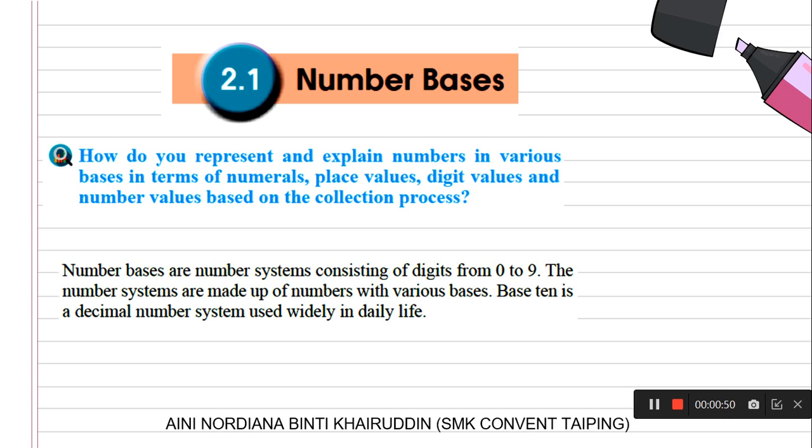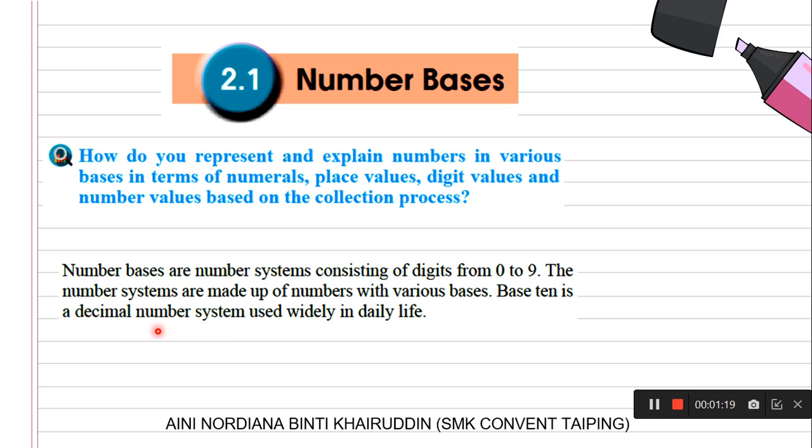So number bases are a number system consisting of digits from 0 to 9. The number system is made up of numbers with various bases. Base 10 is the decimal number system used widely in daily life. So please don't get confused by this decimal number.